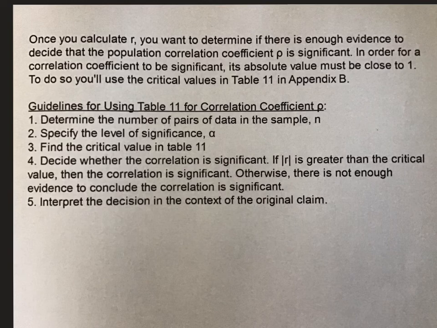We're going to specify the level of significance, which it will tell you. We're going to decide whether the correlation is significant. If the absolute value of r is greater than the critical value, it's significant. If it's not greater than the critical value, then there's not enough evidence to conclude that the correlation is significant. And then you just interpret in context of the original claim.